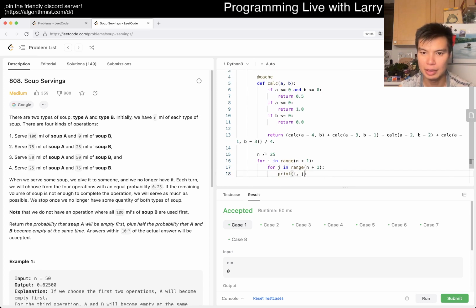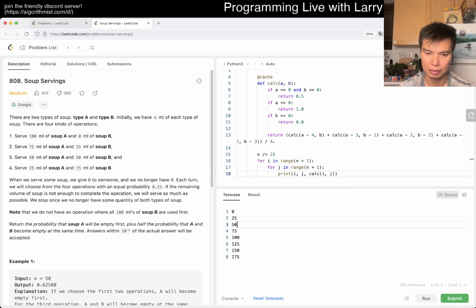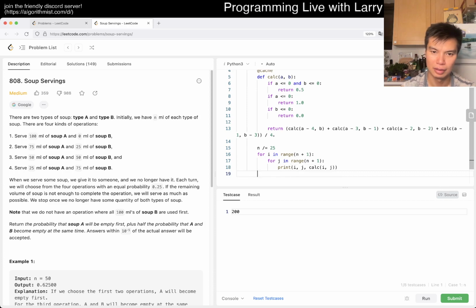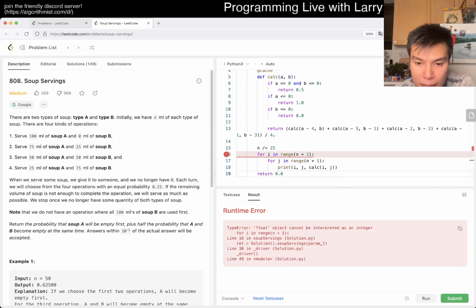Print i, j, calc i, j, and then here we can actually just remove all these things because we don't need. I just do 200.